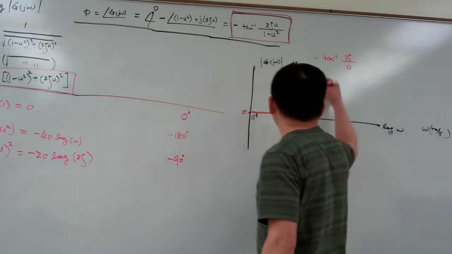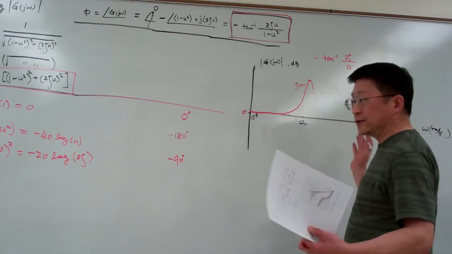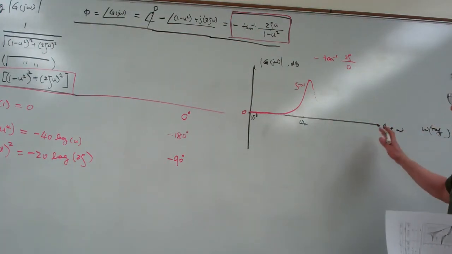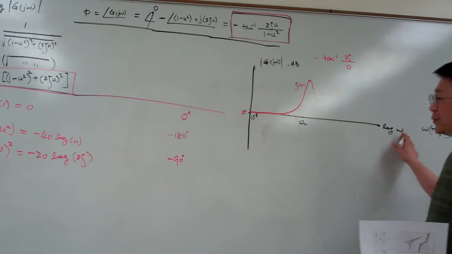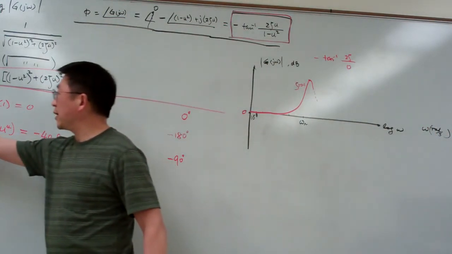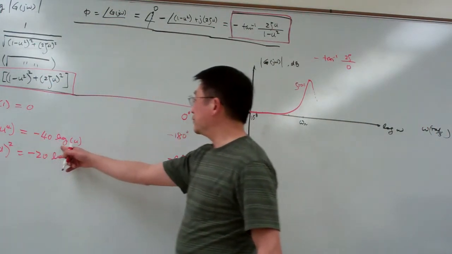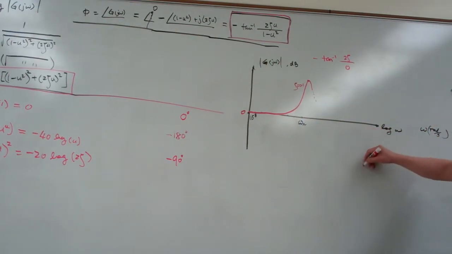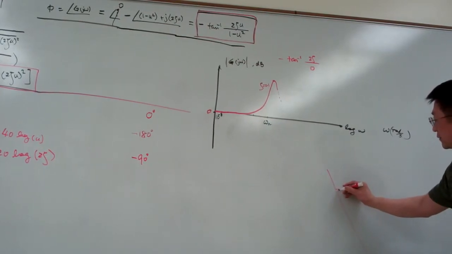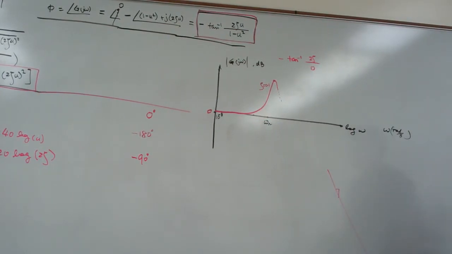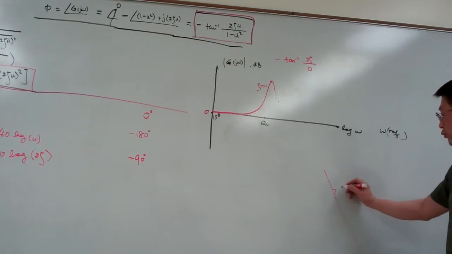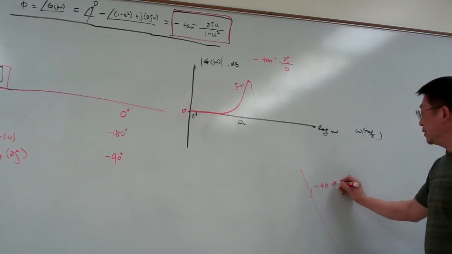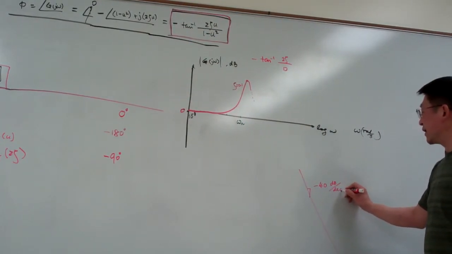Going down to a certain transition, I don't care about this moment. When omega becomes very big, which means when u becomes very big, the magnitude equals minus 40 of the log. So when we go to very large omega, the slope equals minus 40 decibel per decade.